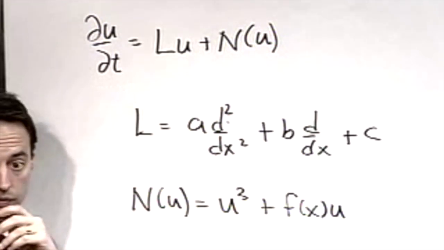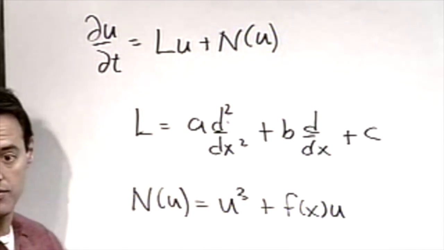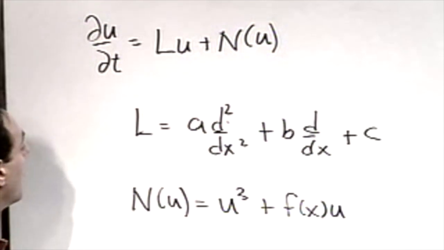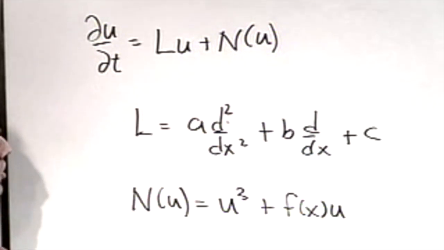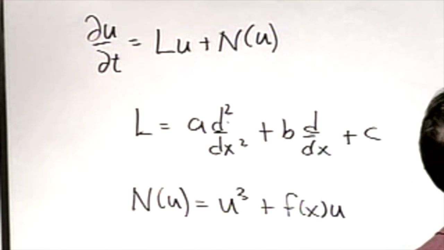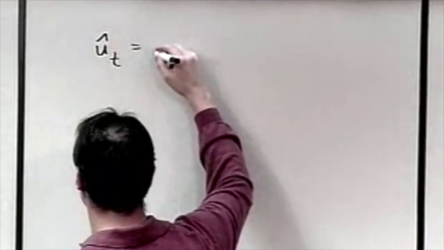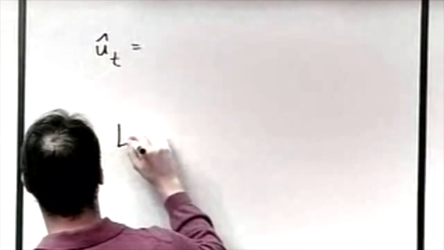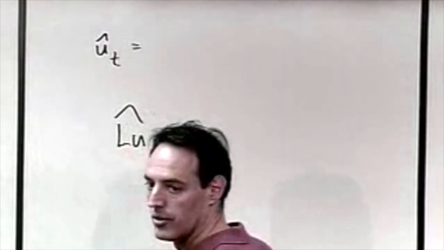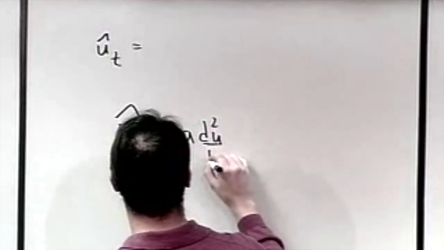Now, when we want to solve this with a Fourier transform, the whole idea is just to run it through an FFT algorithm. What's going to happen with that? You can FFT both sides, and on the left you get u hat prime in t, and on the right you get the Fourier transform of L of u. Well, what is the Fourier transform of L of u?